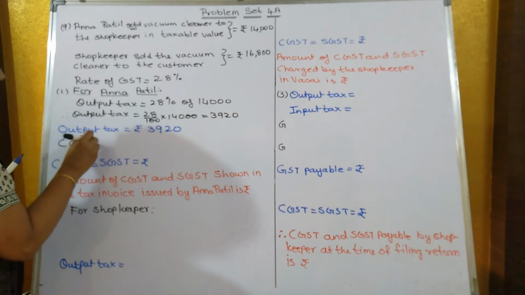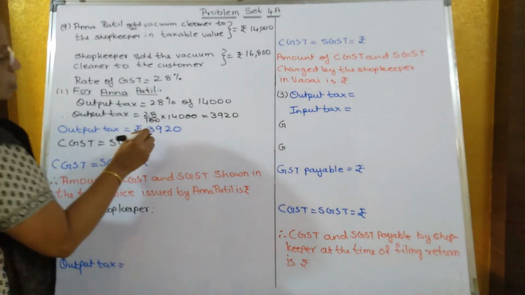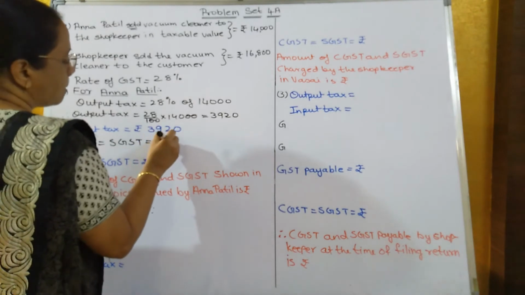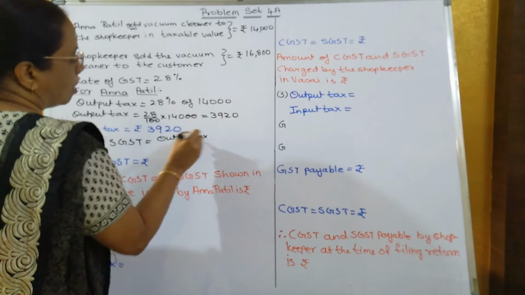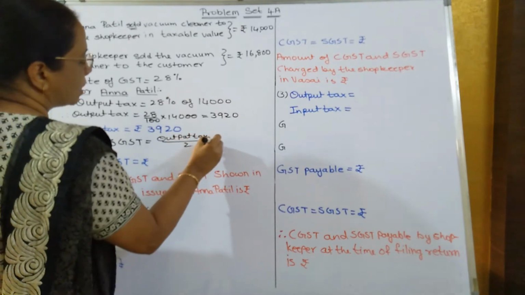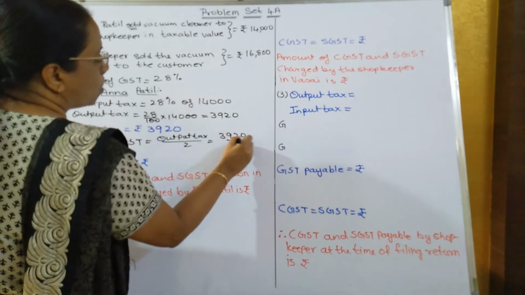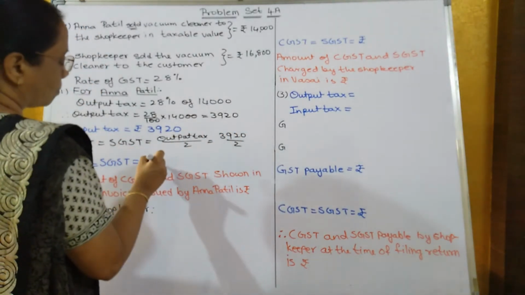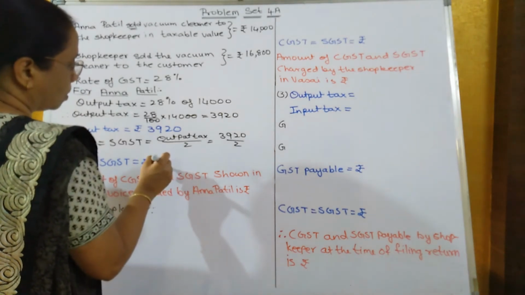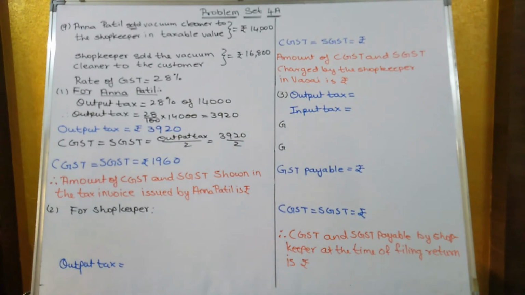CGST is equal to SGST is equal to output tax upon 2. So that is equal to 3,920 divided by 2. When you divide it by 2, what you get? 1,960. So 1,960 is the CGST and SGST.